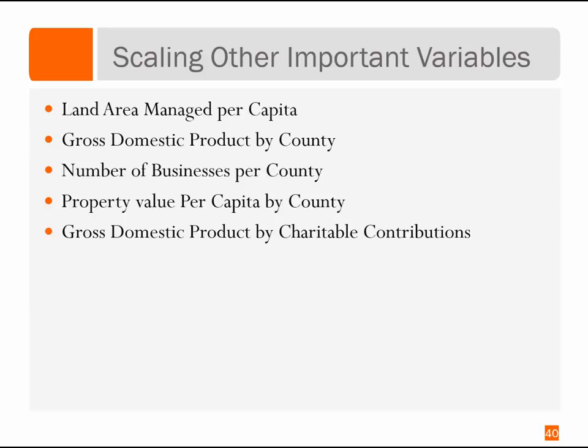And then finally, you could take gross domestic product by charitable contributions. So gross domestic product is basically economic success, and then charitable contributions is giving back. So we might want to look at that as some sort of a ratio to see, well, what are the most generous counties in the United States?